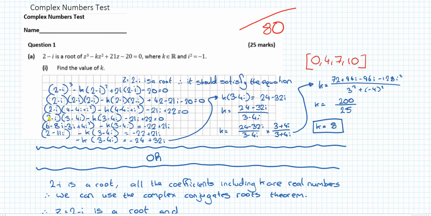I continue to multiply this out, so 2 by 3 is 6, 2 by minus 4i is minus 8i, minus i by 3 is minus 3i, minus by minus is plus, i by 4i is 4i squared, which is really minus 4.